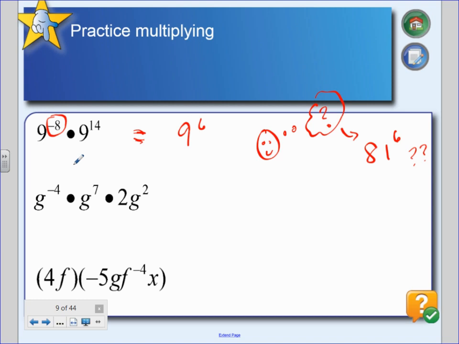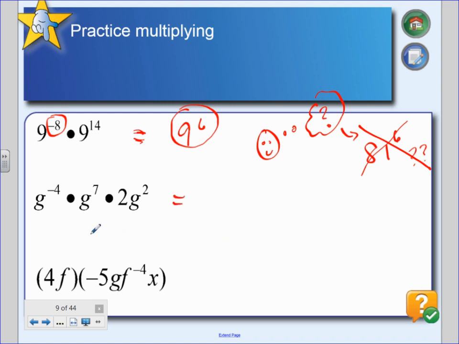Take away 8 of those 9s. How many 9s do you have? Well, 14 minus 8 is 6 factors of that 9. That's why it is not 81 to the 6th power. You do not have any 81s in the math problem. Do you see an 81? Nope. Do you see an 81? Nope. You just see simply a bunch of 9s.